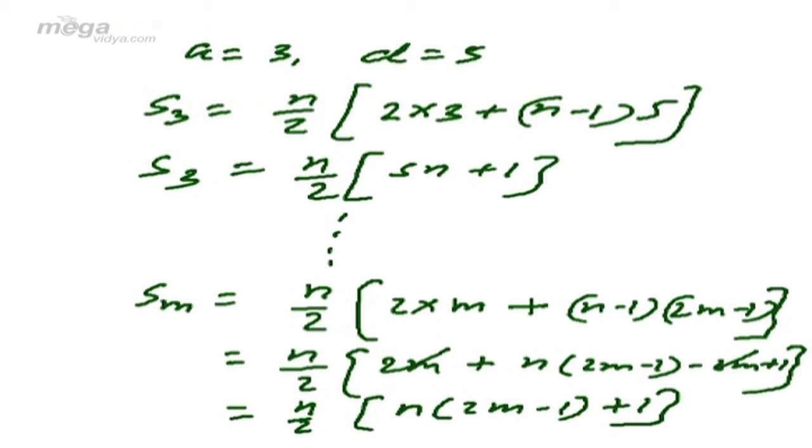But we have to show that S1 plus S2 plus S3 up to Sm is equal to mn by 2 into (mn plus 1). I just take the LHS part of this question, that is S1 plus S2 plus S3 up to Sm.